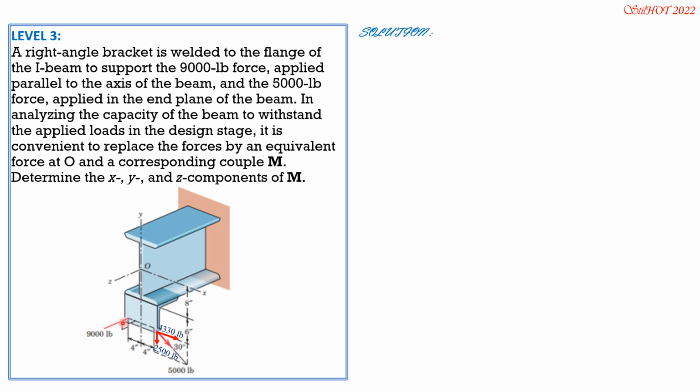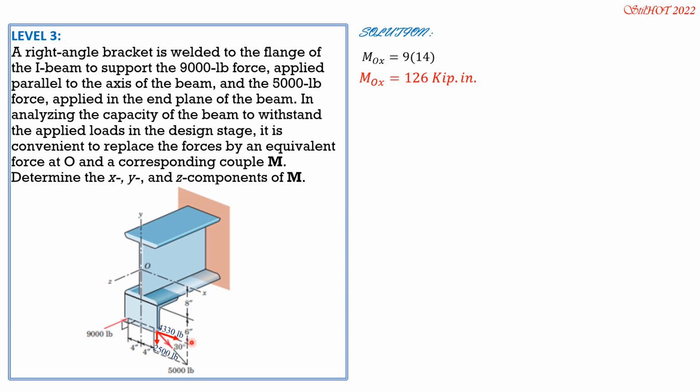So the moment, therefore, about x, OX is positive 9,000 times 6 plus 8, 14. So MOX is 9 kips times 14. So it is 126 kip inches. MOY, this is the y-axis.